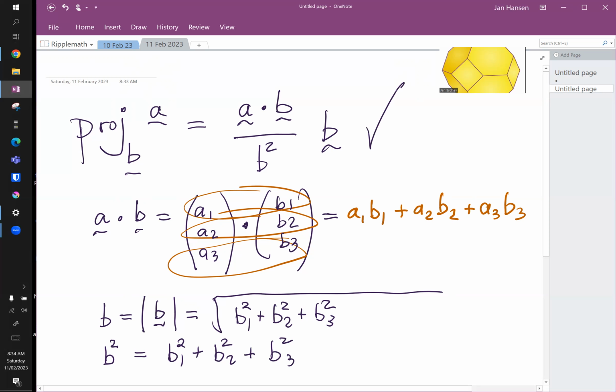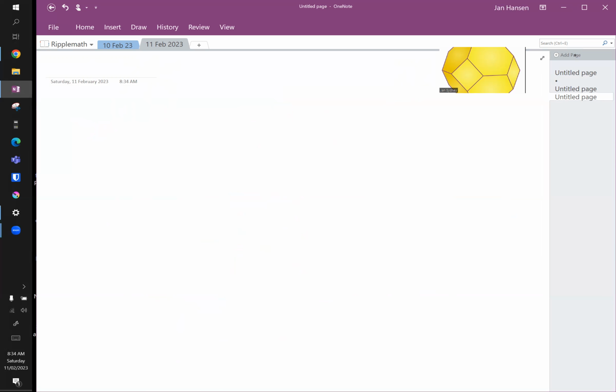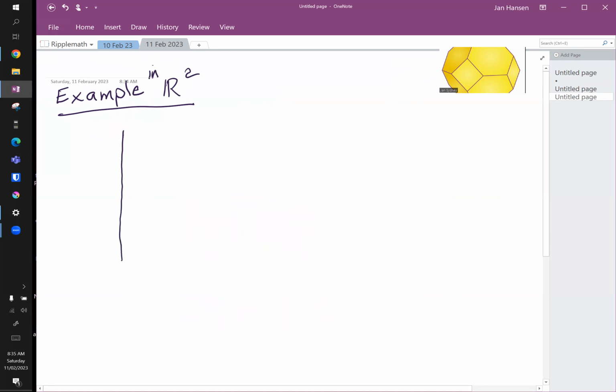But let's see it in action with some actual numbers. We can do this in R2 or R3. An example in R2 would probably be very nice. So, in other words, an X and Y axis, let's draw something like this. I'm just making this up as I go.